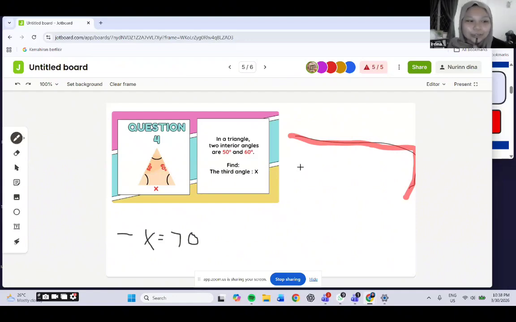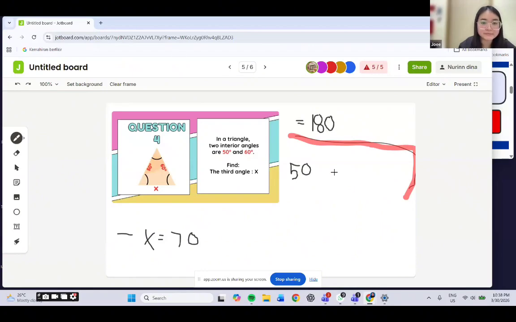So let's see. So 50 is the A, 50. So we need to know first, like I think Teacher Jovi has shared earlier, that the triangle's angles all add up to 180. Is it correct, Teacher Jovi? Yes. The interior angles sum to 180. It's confirmed because it's a triangle.